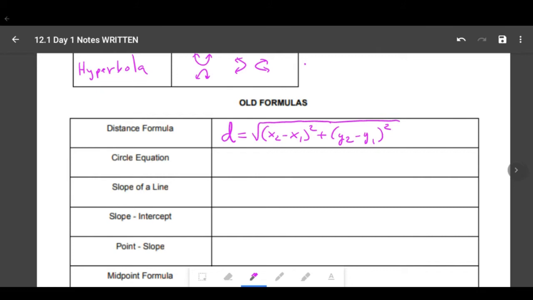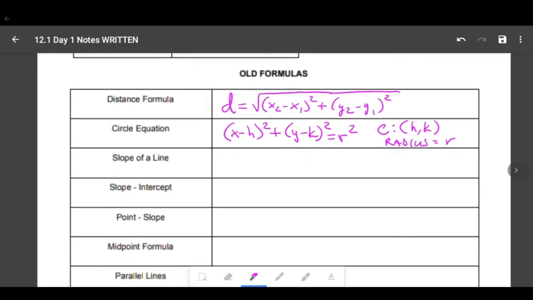Circle equation, right? If we have just (x minus h) squared plus (y minus k) squared equals r squared, this is when your center is located at (h, k), and then your radius obviously is just r. Another formula we got here is slope of a line.